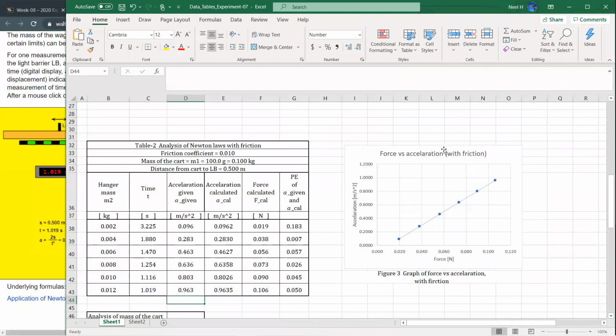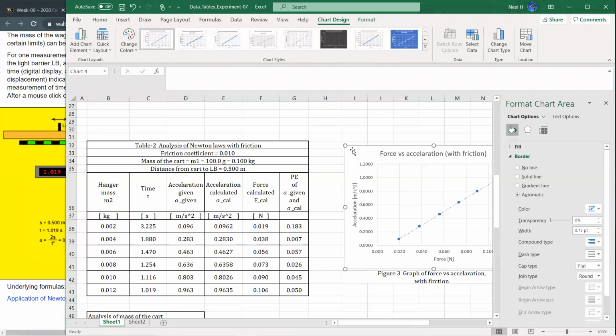Now again, if you take a look at the graph, I need the same graph, force versus acceleration, but I think when I set it, you can see the axes are flipped. Let's correct that first. Double click on the graph sheet anywhere.